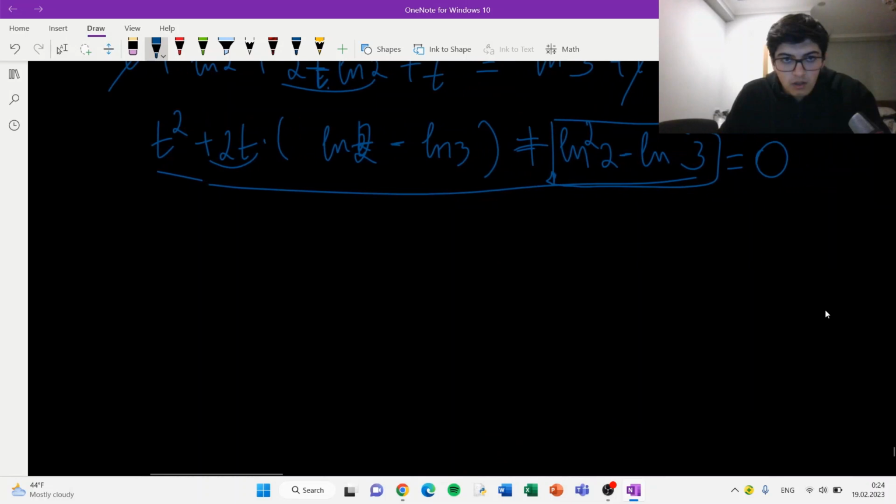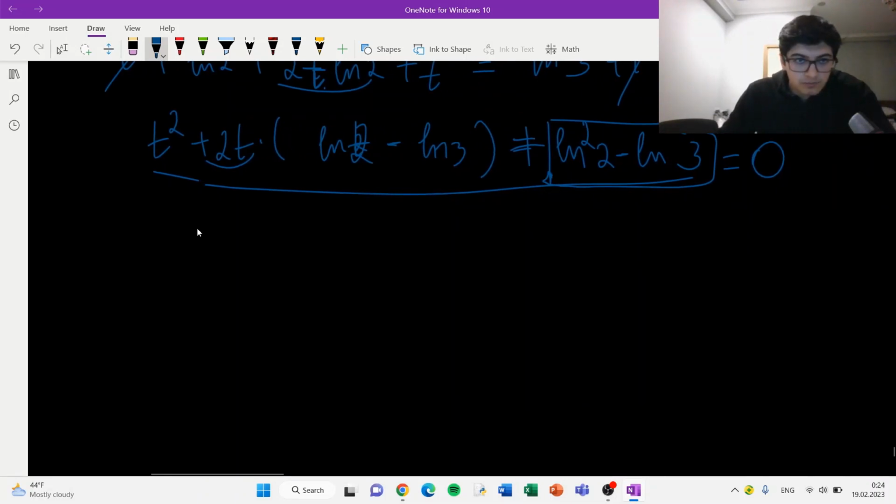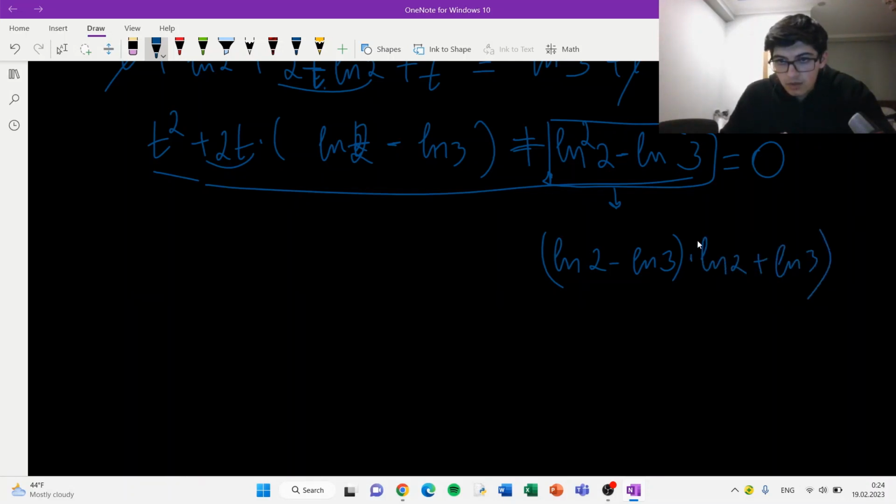Great. And here let's simplify this term too. This is going to be ln 2 minus ln 3 multiplied by ln 2 plus ln 3. And we know this is going to be equal to ln 6, because ln a plus ln b is equal to ln ab. This is 2 multiplied by 3, which is equal to 6.